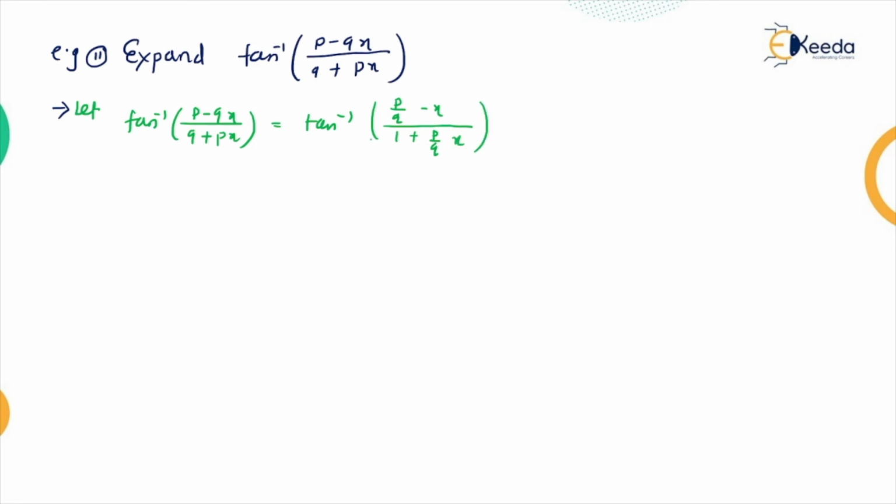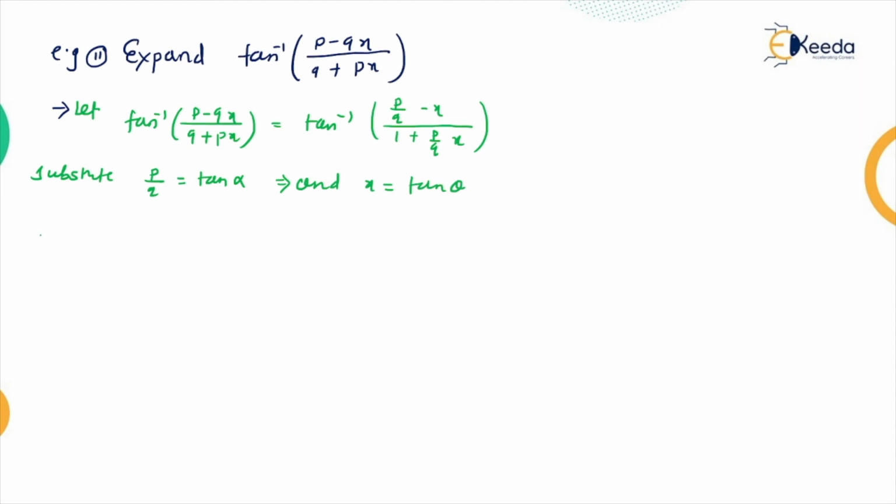Now for simplification you have to understand the adjustment of numerator and denominator. Now we put p by q as tan alpha. I substitute p by q equal to the trigonometric function tan alpha, and x equal to tan theta.